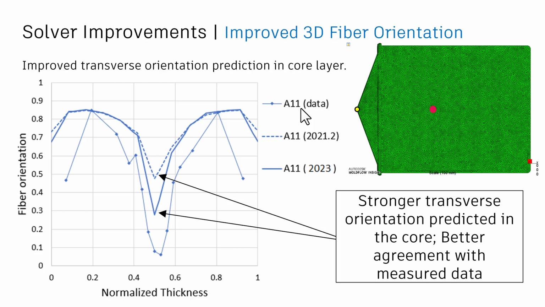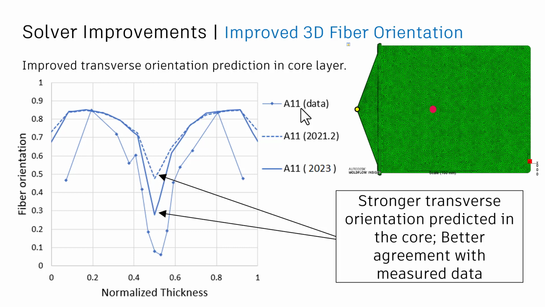The graph on the left-hand side compares 2021.2 versus 2023. The advancement is that the core is more strongly represented in this release, and that gets much closer to the actual data versus the earlier version.